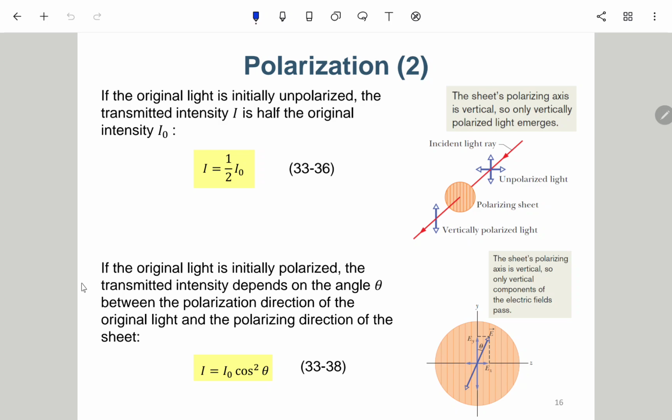And here, if the original light is initially polarized, 就是来的已经是 polarized, the transmitted intensity depends on the angle theta between the polarizing direction of the original light and the polarizing direction of the sheet. It will be this one.